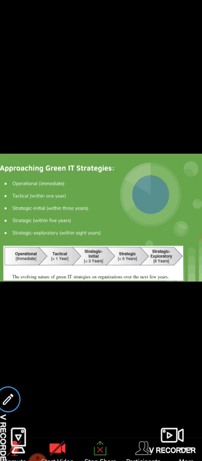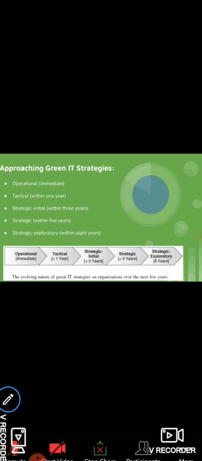For example, if the organization only views IT as a producer, if you remember your previous diagram, in which your very inner part is IT as producer. So if the organization only views IT as a producer of carbon footprint, then simple measures like switching off monitors and computers or laptops, mobiles when not in use can be brought about immediately.